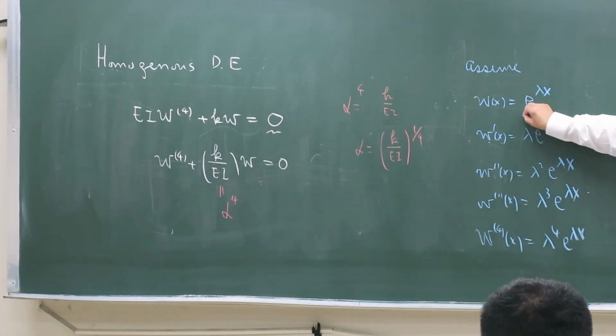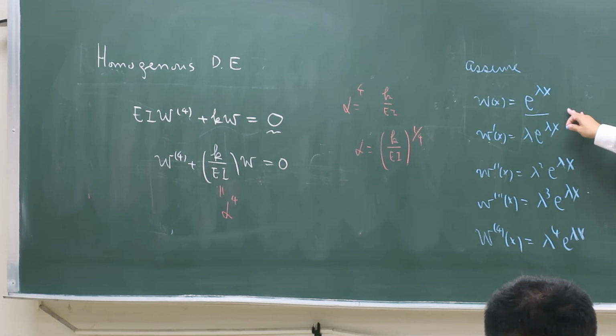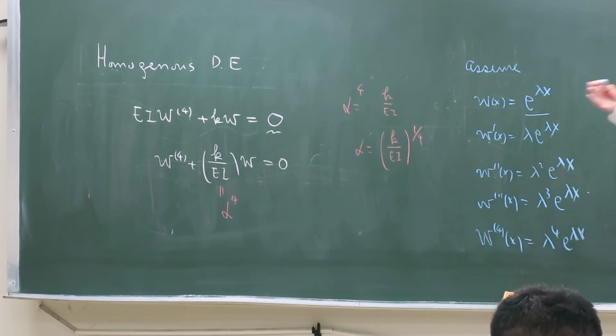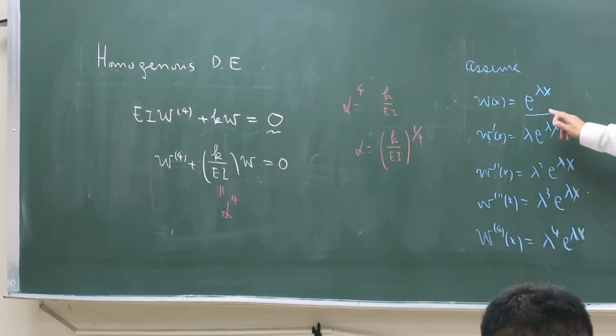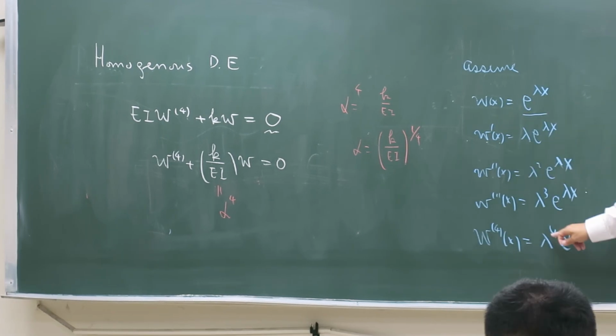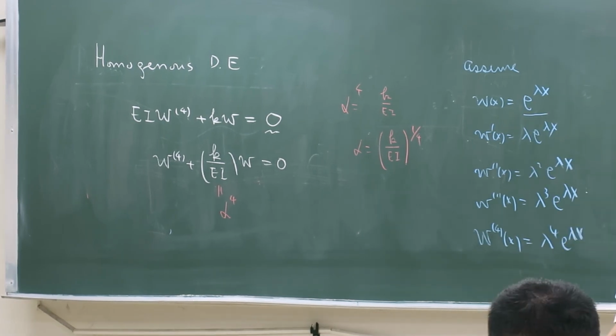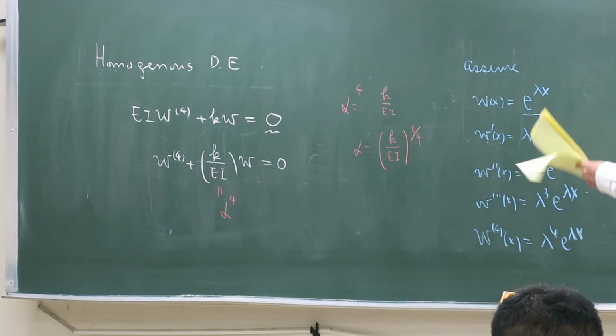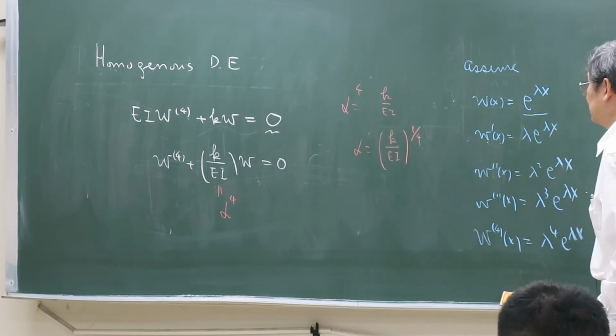Because the exponential is very good for derivatives, that's why we choose this. It's easy. The form will not change, only the coefficient from the 0th order to the fourth order of lambda.